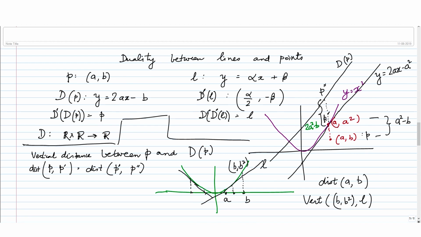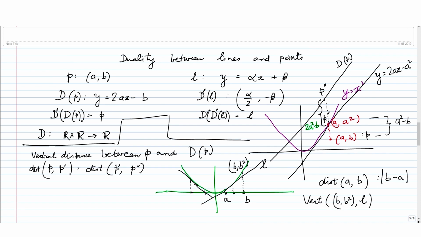Maybe I can just do it. So let me do it. Okay. So distance between A and B is B minus A, right. Distance between this point and L, can you tell me? So this line has an equation y equal to 2ax minus a square.